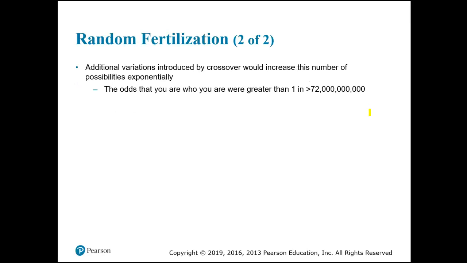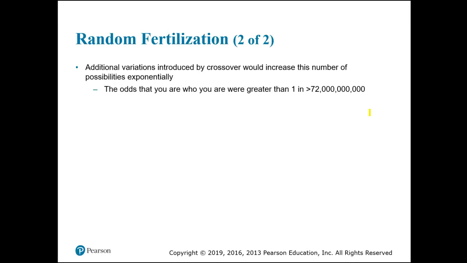So that is why you look at families and you can see, sometimes you see siblings that look like each other. Then other times you see siblings that have the same mom and dad that don't look a thing alike. You wouldn't know that they were related unless somebody told you. That is the reason we get such a large variety of genetic traits in individuals, is due to independent assortment, crossing over, and then random fertilization.